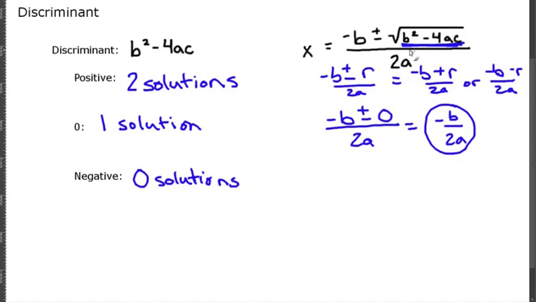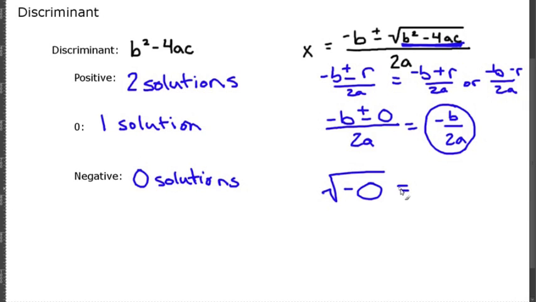And this is because if the discriminant, so the b squared minus 4ac, is negative, you're going to have the square root of some negative number, which we know is not a real solution. So since we will have a square root of a negative and not have a real solution, the roots are also not real, and therefore there are 0 real solutions.